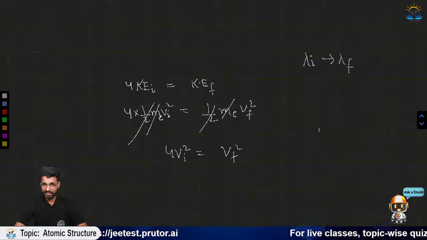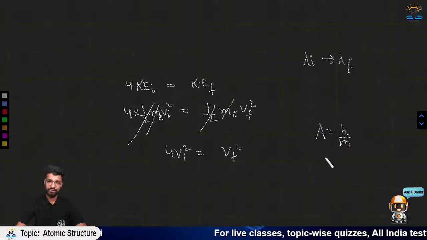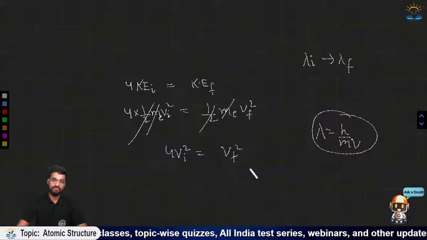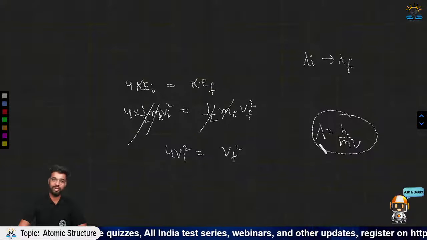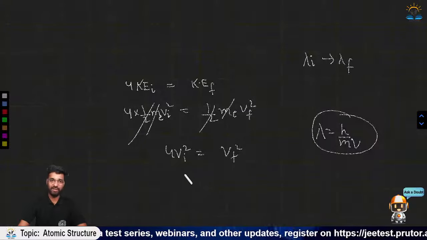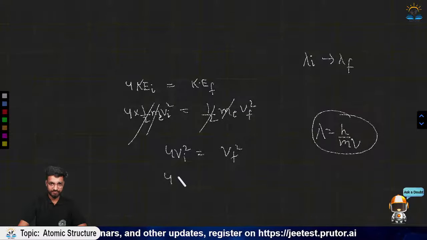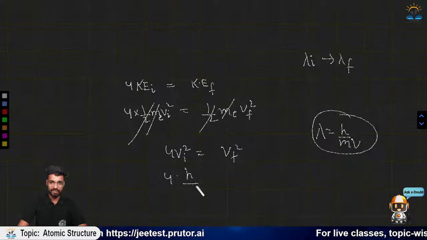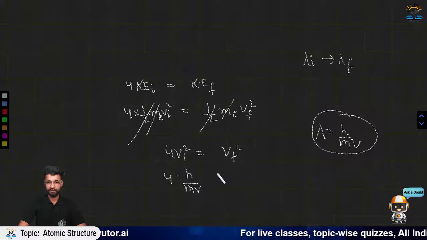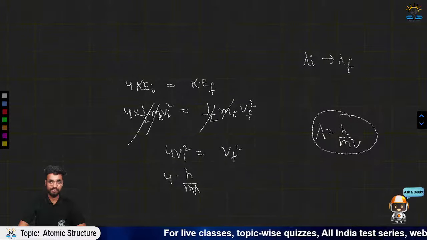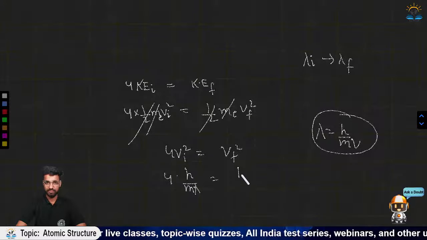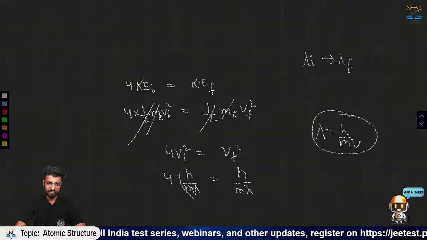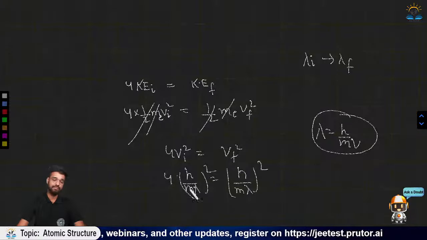Now we know that lambda is equal to h by mv, so we can put the value of v from here. We get v as h by m lambda. I'm replacing v_i squared by h by m lambda, and it is squared here.